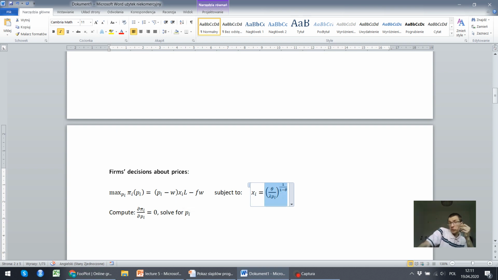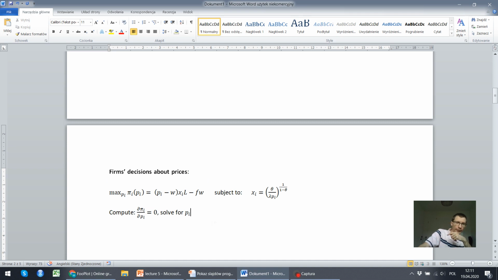So how to solve it? Simply compute the first order condition of the profit with respect to price, equalize it to 0, and remember to substitute for this x_i. x_i is now also a function of p, and firms know it. So we have to substitute this function over here, compute the first order condition with respect to price, and solve for the price.